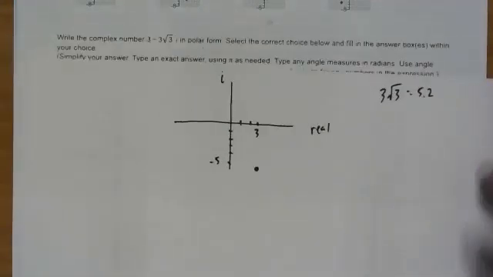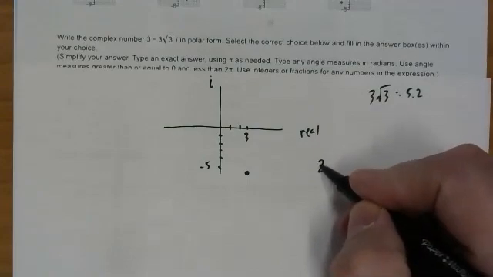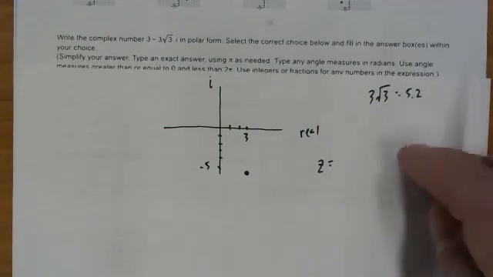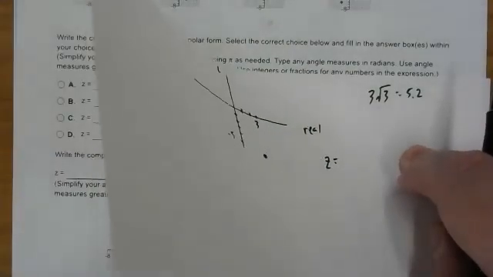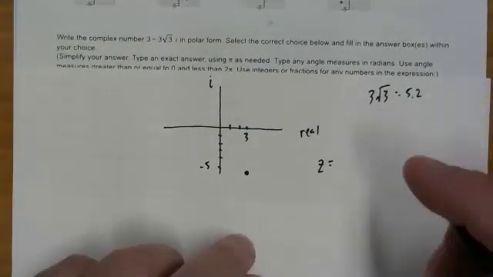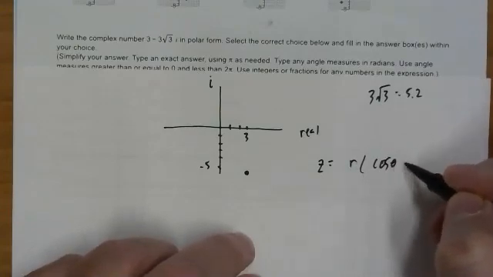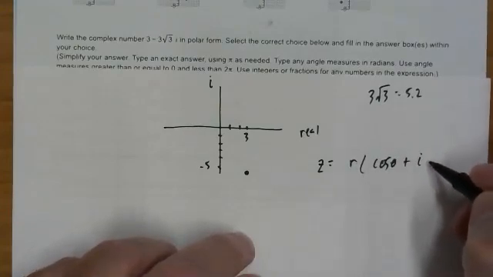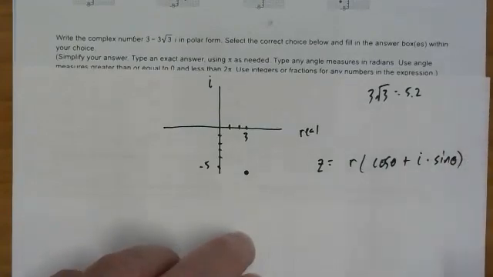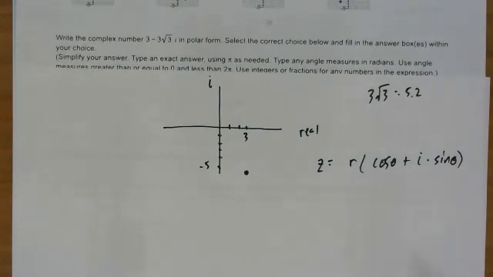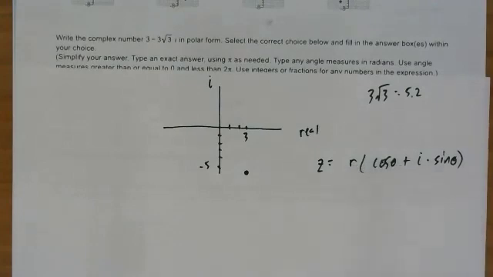So polar form, remember, we do this: Z is R cosine theta plus i sine theta. So really you have to know your R and your theta.